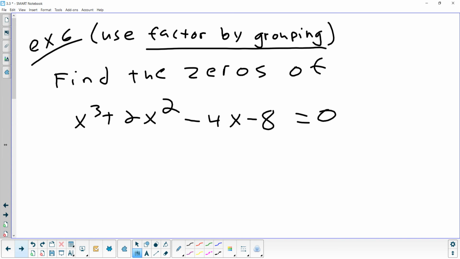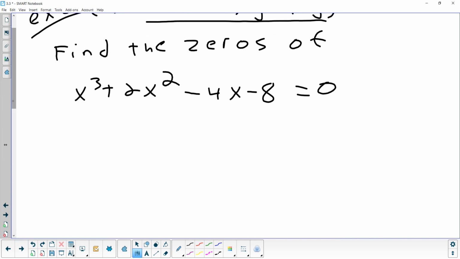X squared. If I factor x squared out of x cubed, what am I left with? X. And how about if I factor it out of 2x squared? 2. Now the goal is to end up with x plus 2 again.